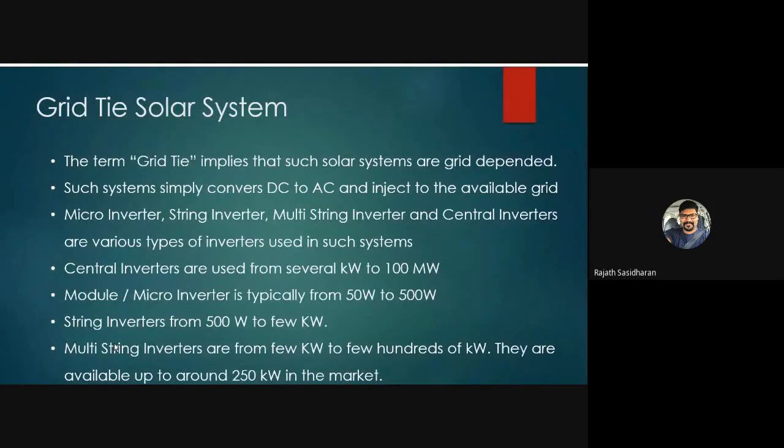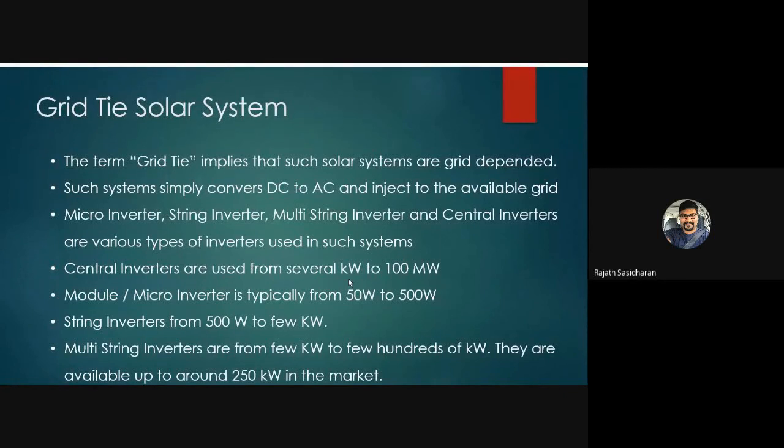So there are micro inverters, string inverters, multi-string inverters, and central inverters available for this kind of application. The central inverters are used for systems from several kilowatts to megawatt scales, up to 100 megawatt scale. These are very expensive, and they can be equipped with a transformer also in order to supply the phases.